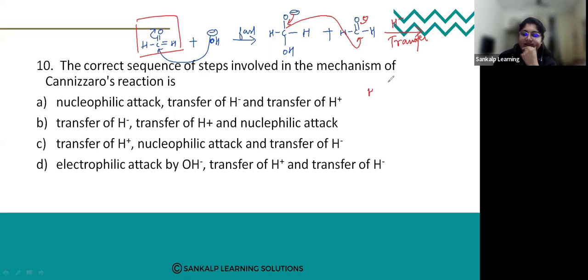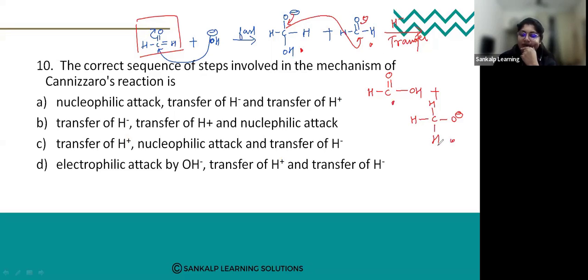What am I going to get? H, C double bond O and OH, plus H. So this is OH minus, and here we get HC, H and O minus. This is the product, and this is the further step.